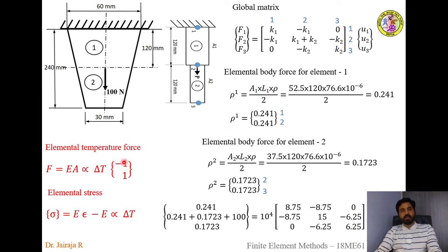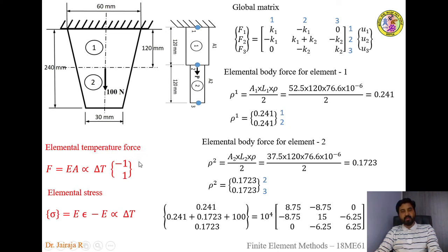Similarly, if the temperature difference and coefficient of thermal expansion are given for element 1 and element 2, the force vector for element 1 can be calculated using E, Young's modulus of the element, A, the area of the element, alpha, the coefficient of thermal expansion, and delta T, the change in temperature, times the vector minus 1, 1. Using this formula we can calculate the elemental temperature force for element 1.